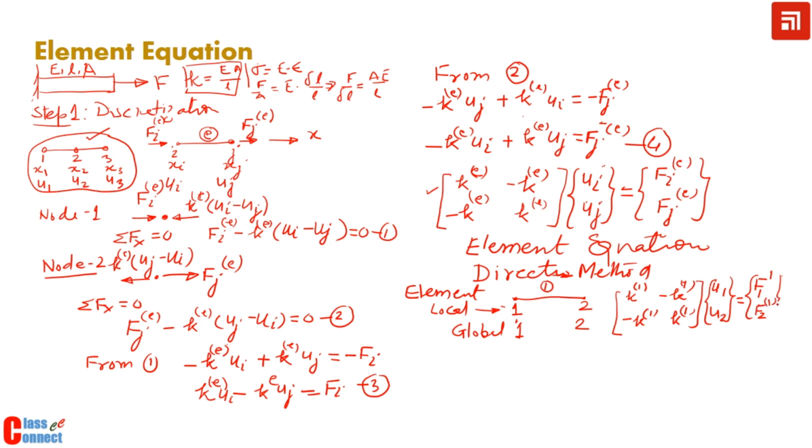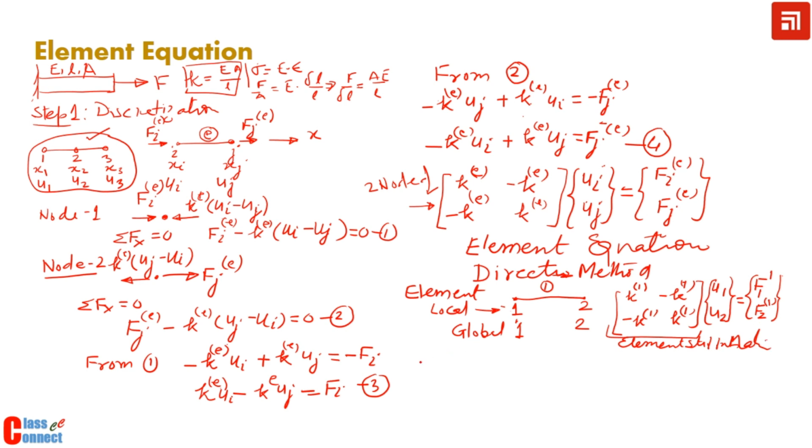So this is how I can write this equation. I can apply the general element equation for two noded bar element or linear bar element. The other important thing that we should understand here, this matrix is known as element stiffness matrix.